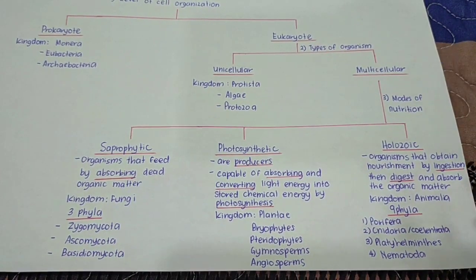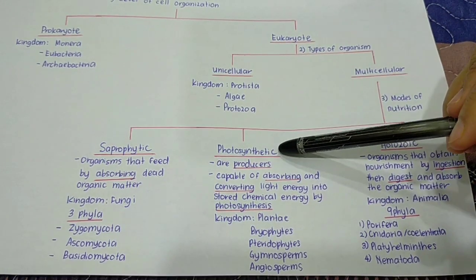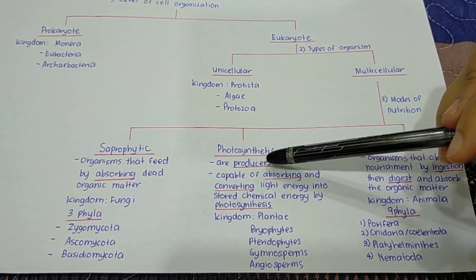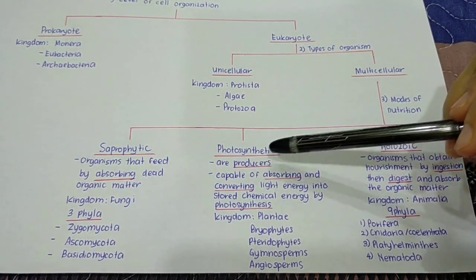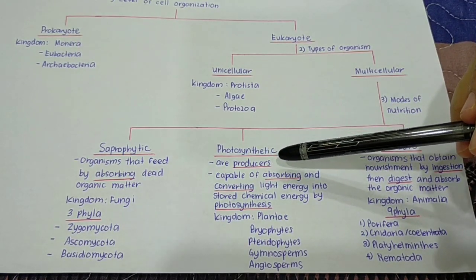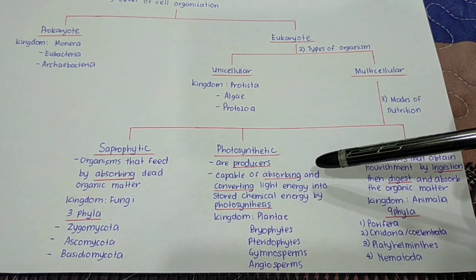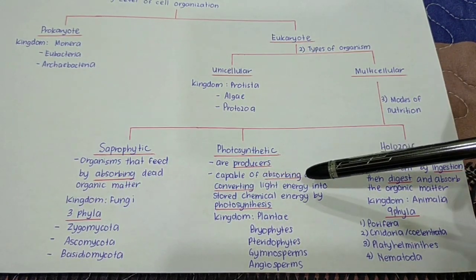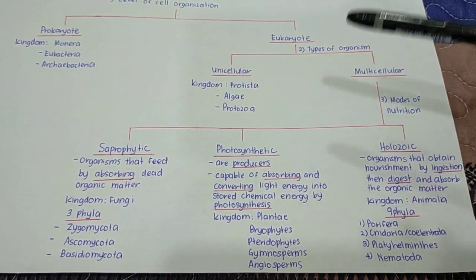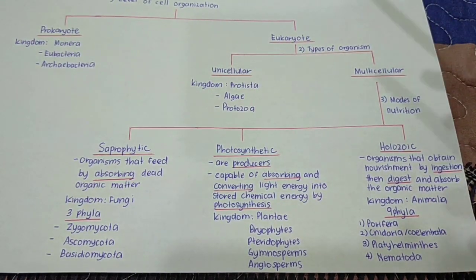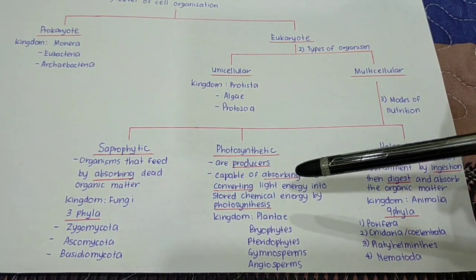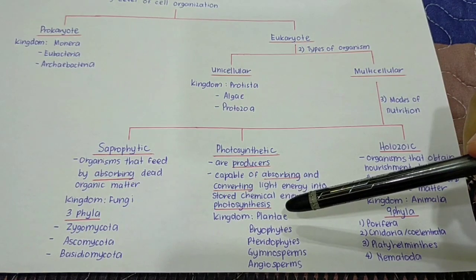Okay, and then next, the mode of nutrition is photosynthetic. What is photosynthetic? Photosynthetic organisms are producers. Why do we call them producers? Because this organism is capable of absorbing and converting light energy into stored chemical energy by photosynthesis. In short, photosynthetic refers to the organism which can undergo photosynthesis.